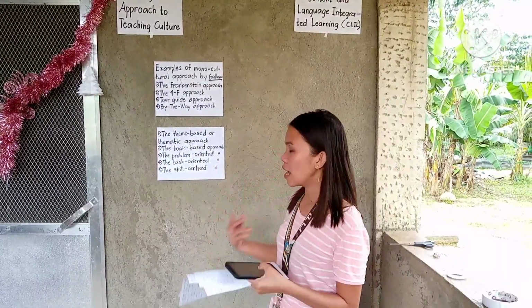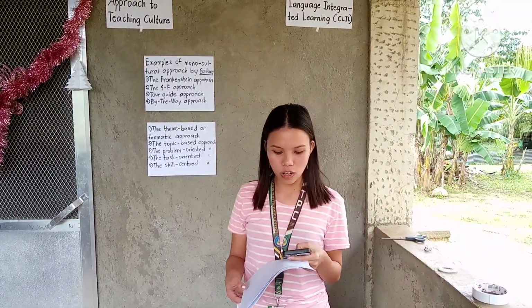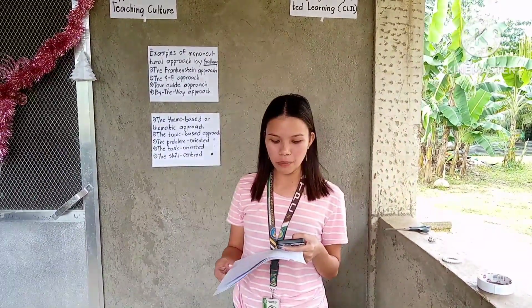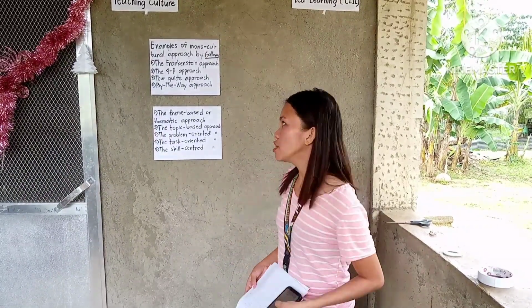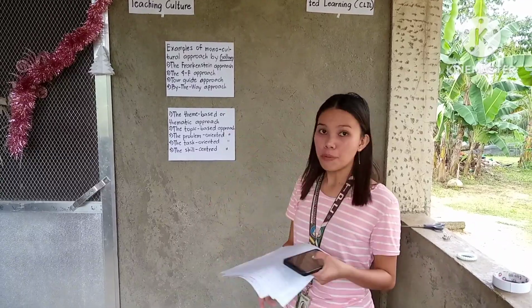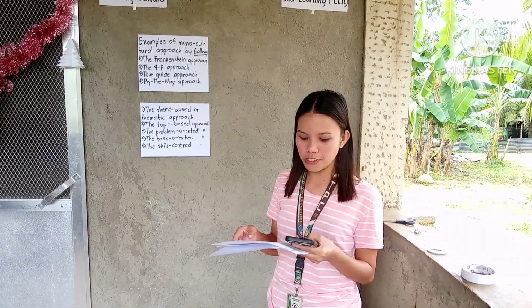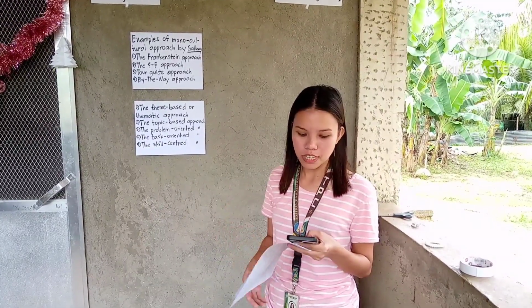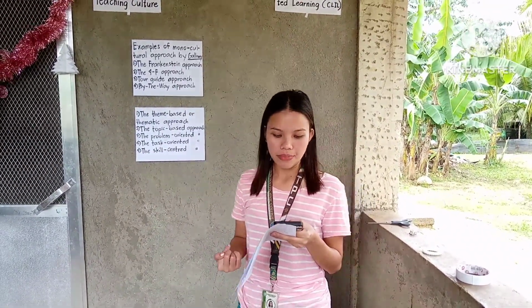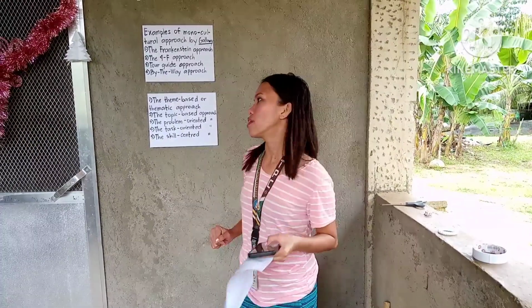There are a number of approaches that center around various aspects of a given culture or concentrate on developing certain skills in the learners. First is the theme-based or thematic approach. This is where the teaching of culture is based around certain themes, like for example symbolism, value, ceremony, love, honor, humor, beauty, and many more.